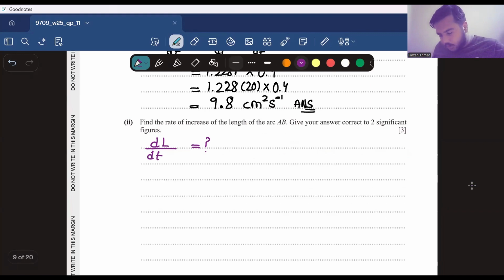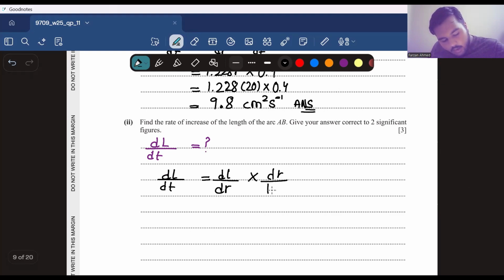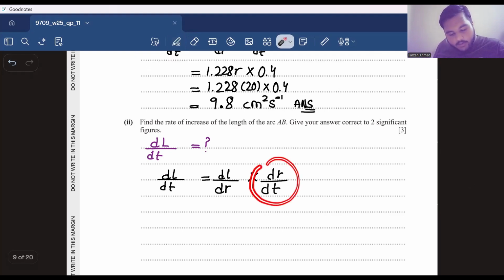Now we will make the equation again. dl over dt is equal to dl over dr multiplied by dr over dt. dr over dt is given, which is 0.4 in the question.